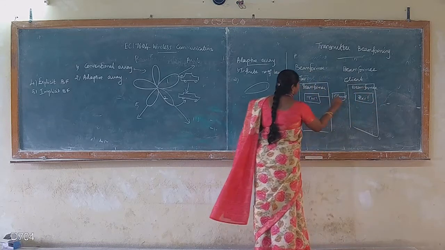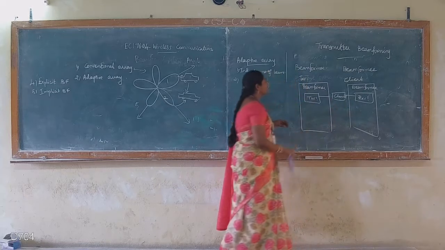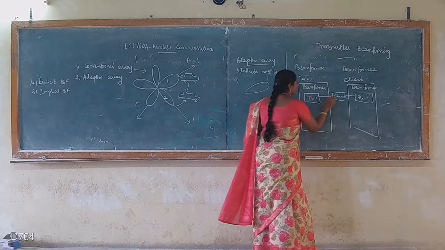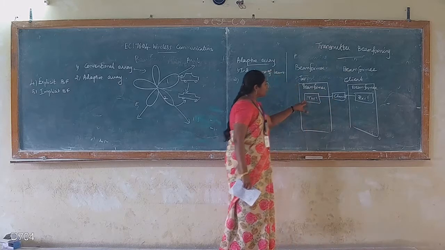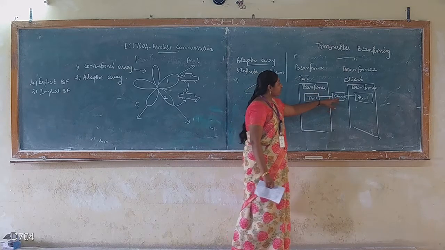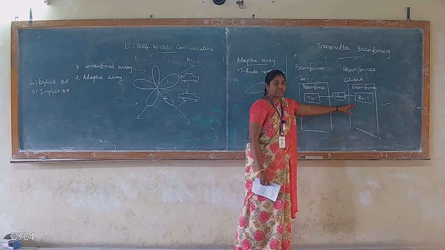What we are doing in transmitter beamforming: first the transmitter transmits some training sequence. That training sequence is received by the receiver.